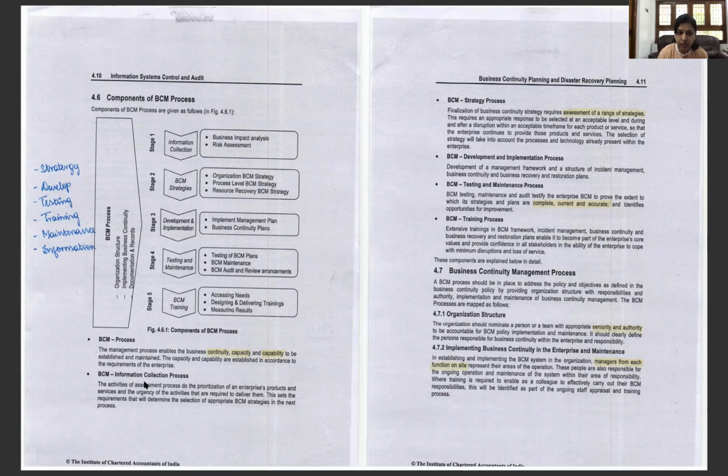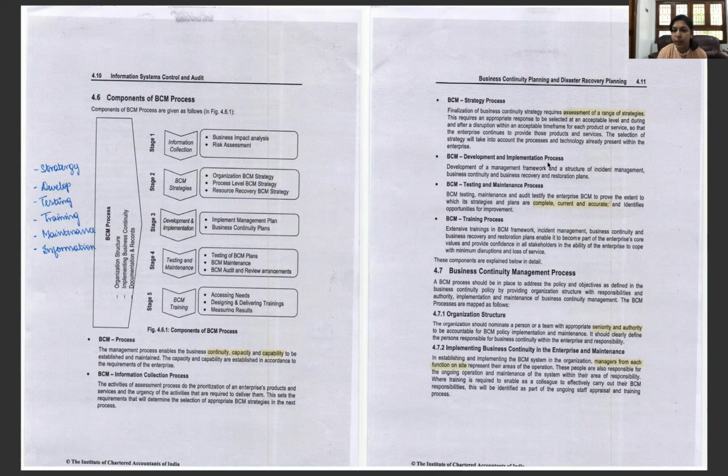Okay, it's an information collection process so that we can know the prioritization of our products and the urgency of the activities which should be taken to deliver them. And next, it's a strategy process. What is the range of strategies? The appropriate level of management is going to give the appropriate response for that issue.